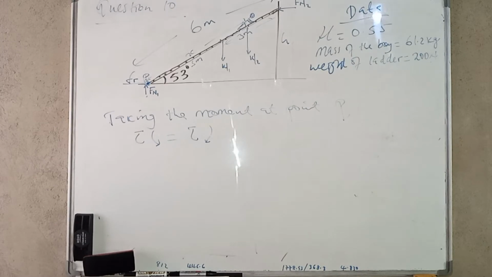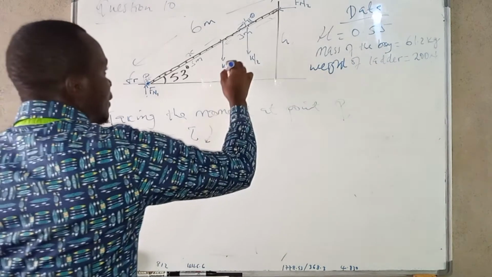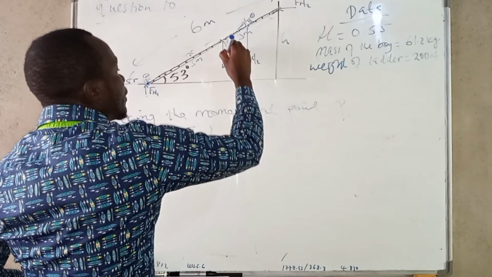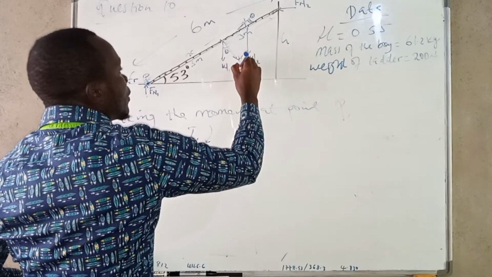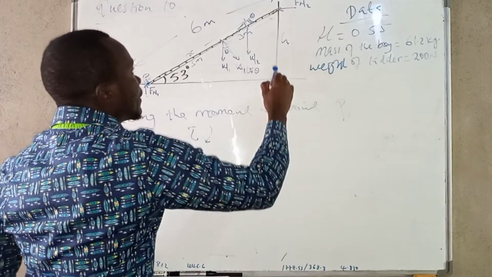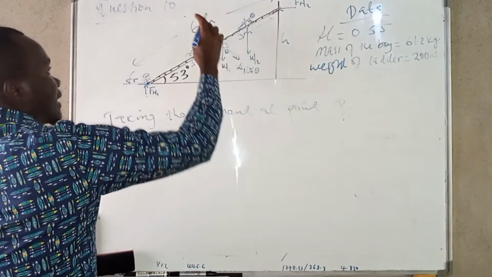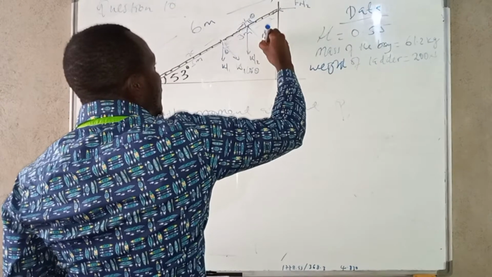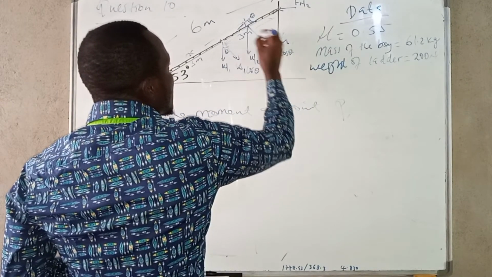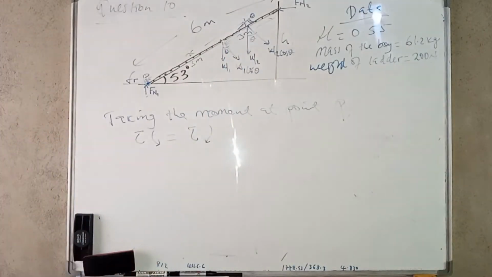So from this point, we can resolve this one. We are going to have this theta, and this one will be weight 1 cos theta. Also this one can be resolved so that it becomes perpendicular to this distance. And also we have this one, which is weight 2 cos theta. Theta is this one, so that it becomes perpendicular also to this distance.